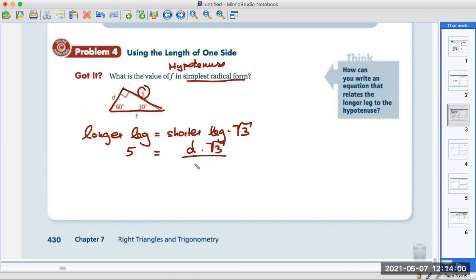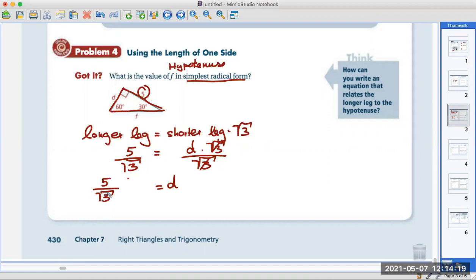To get d alone, divide by the square root of 3 on both sides. And d is 5 divided by the square root of 3.